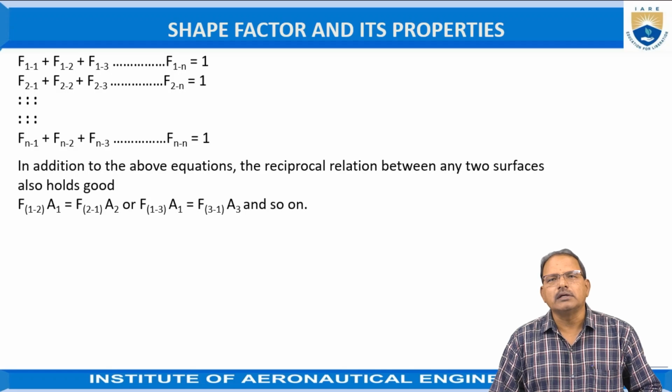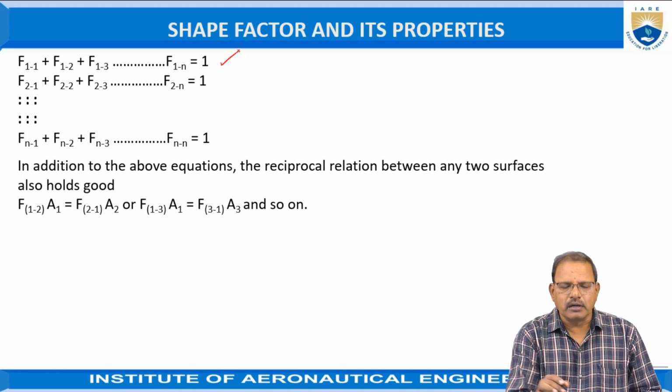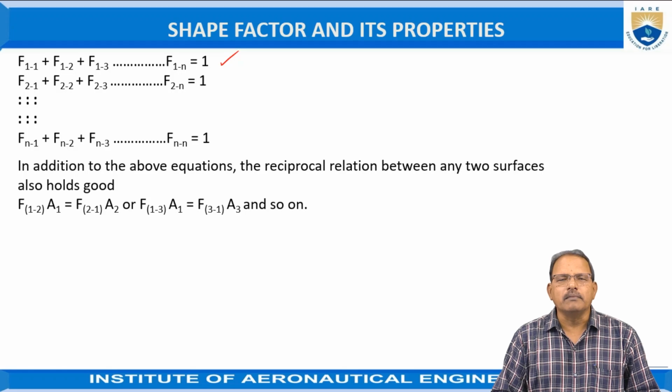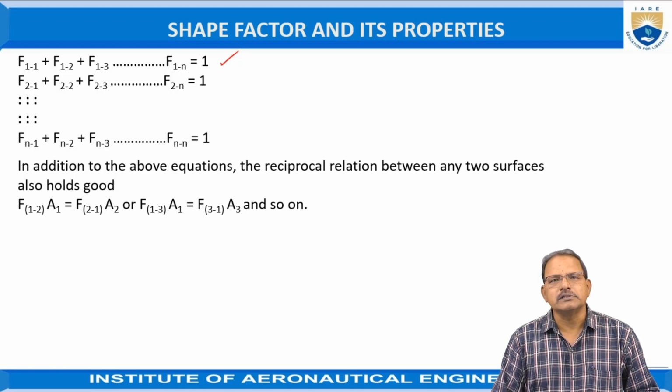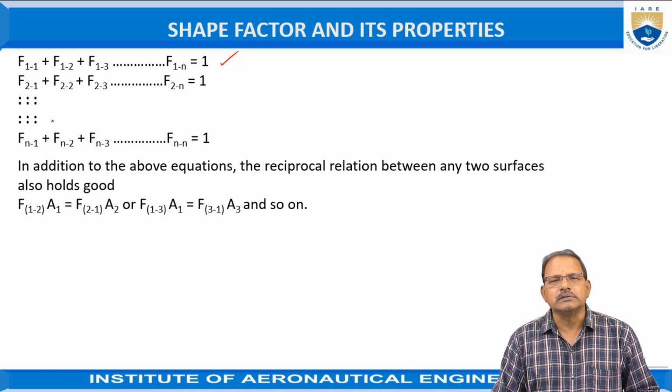In that case, the equation can be written as F11 plus F12 plus F13 and so on is equal to 1. Similarly, for the second surface, if it radiates energy to the remaining n-1 surfaces, the modified equation can be written as F21 plus F22 plus F23 plus up to F2n equal to 1.